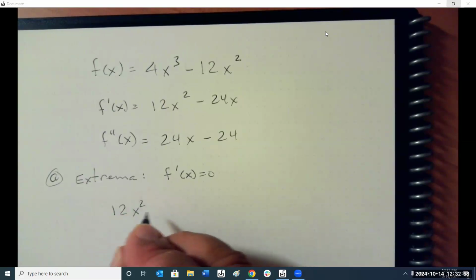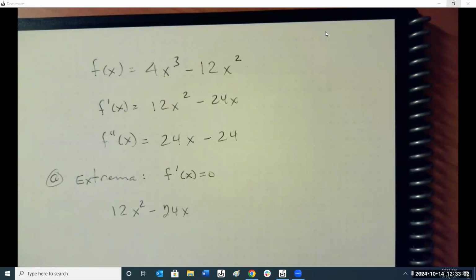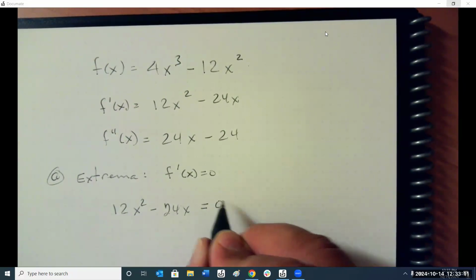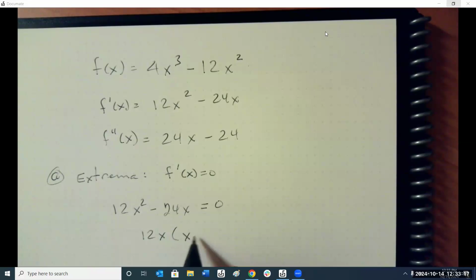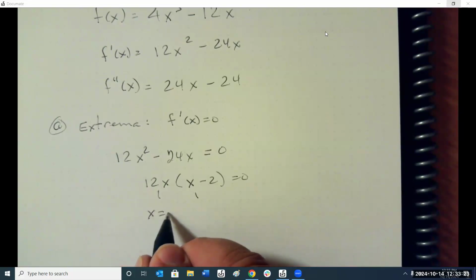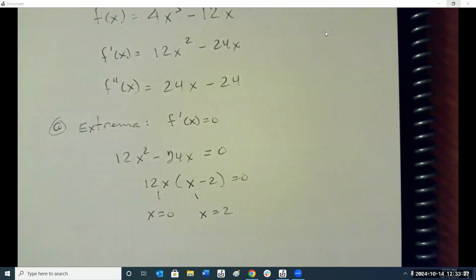So 12x squared minus 24x is 12x times x minus 2. Set them both equal to 0, so x equals 0 and x equals 2.